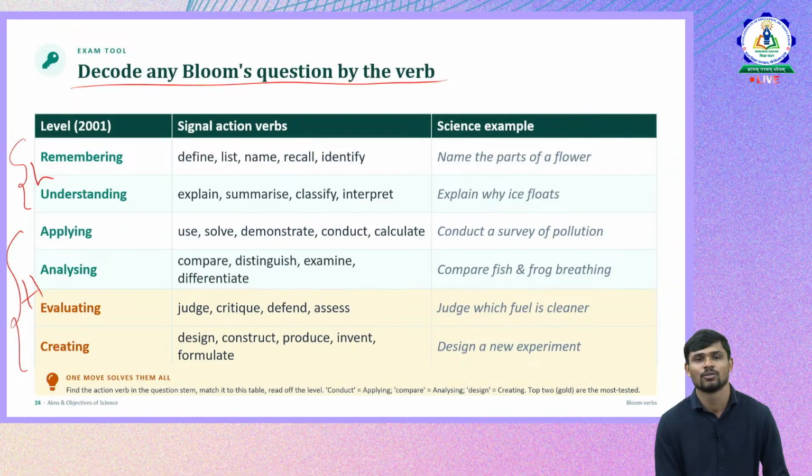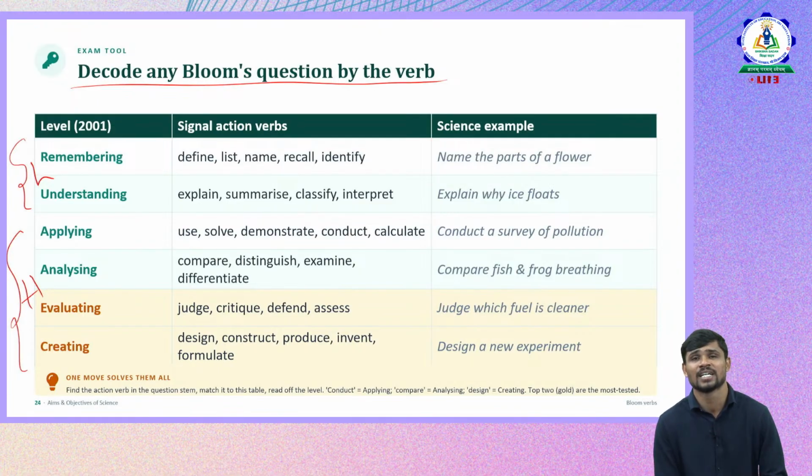You can go through the table here. Defining, listing, naming, recalling, identifying is just mere remembering. They just recall from their previous knowledge or experience, and they will be able to tell you.